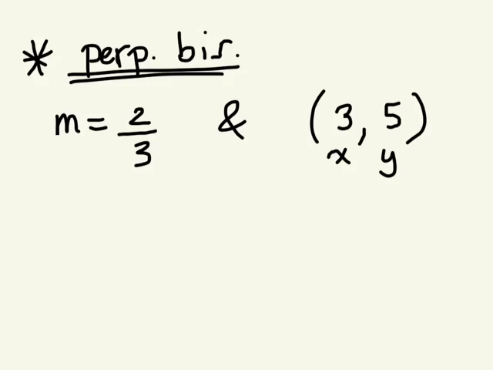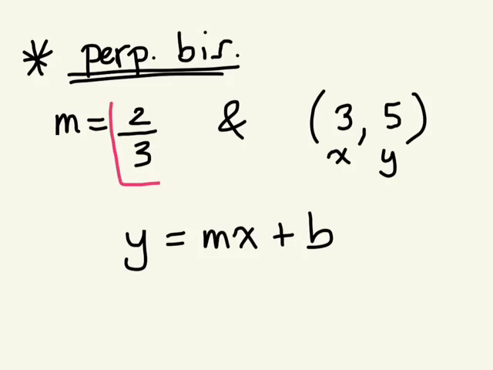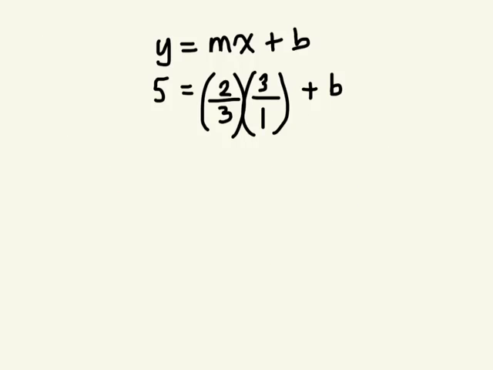Well, the whole point of this was we needed to know the equation of the perpendicular bisector. We know m. Do you know x and y? Can you find b? Okay, so we plug in our x and our y, and we plug in the slope, and isolate b. So 5 equals, what's 2 times 3, over 3 times 1? We can simplify this.